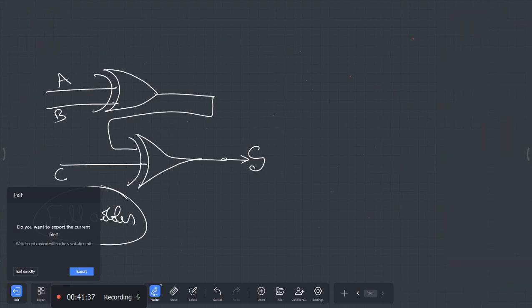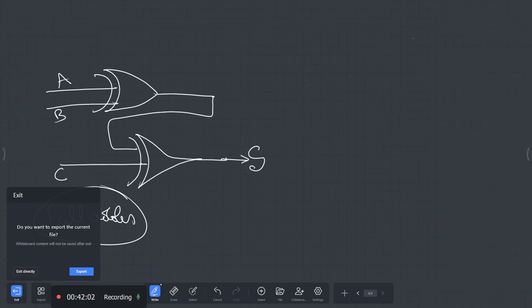If your output depends on a previous time instant, such circuits are called sequential circuits. There you require something called a memory element to keep the previous bit, right? So in the combinational case, you have only the present input.